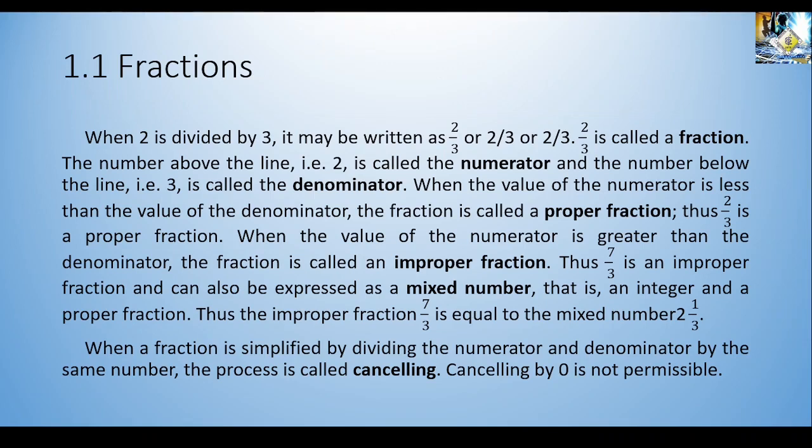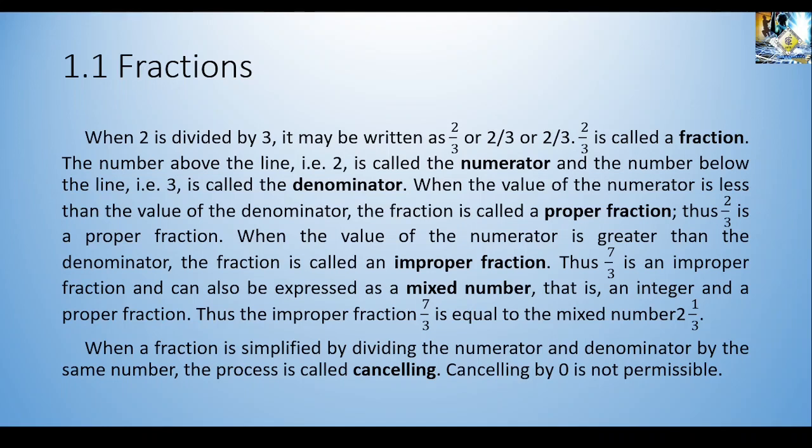We are very familiar with this fraction thing. When 2 is divided by 3, it may be written as 2 over 3. Yes, we call it a fraction. The number above the line, 2, is called the numerator, and the number below the line is the denominator.